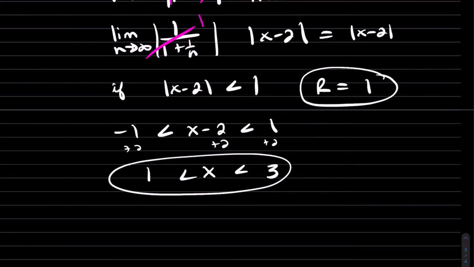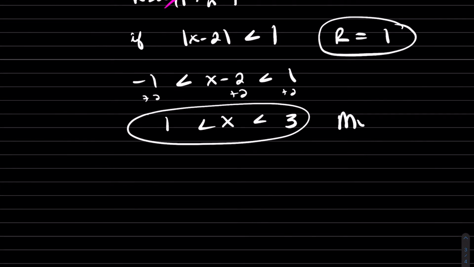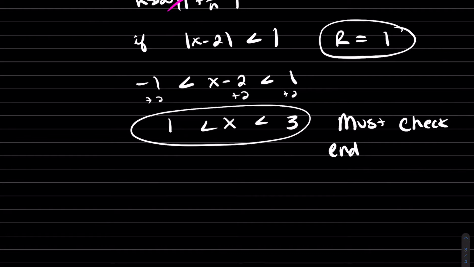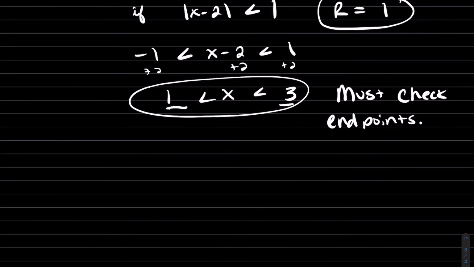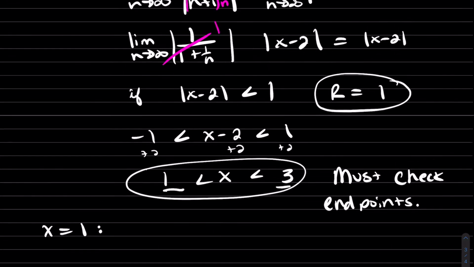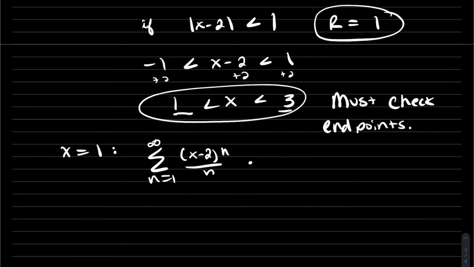There's my interval of convergence, but we must check the endpoints. So those are the values of x that this series converges for. So we have to check 1 and 3 to see if it converges at those values. So let's plug it in for 1. So the series is this, and basically we replace x with 1.